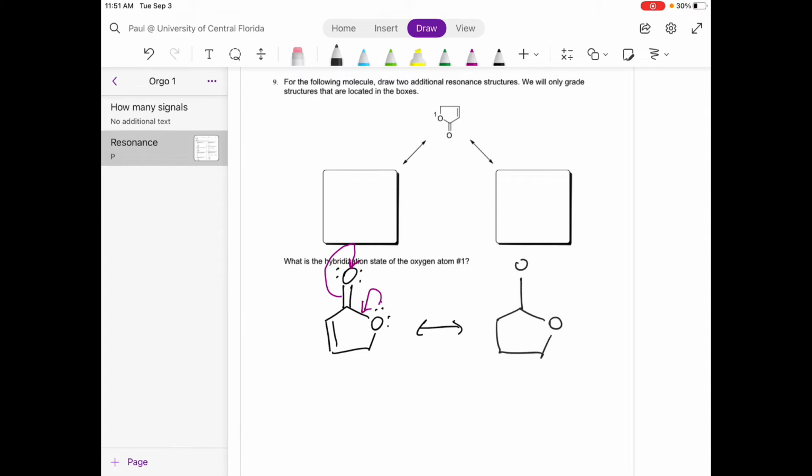And when we do that, we have 3 lone pairs there, 1 lone pair there, double bond, so that has to be plus, and I did not touch that double bond right here. That's still present. Okay? So that's one resonance structure that we could do.